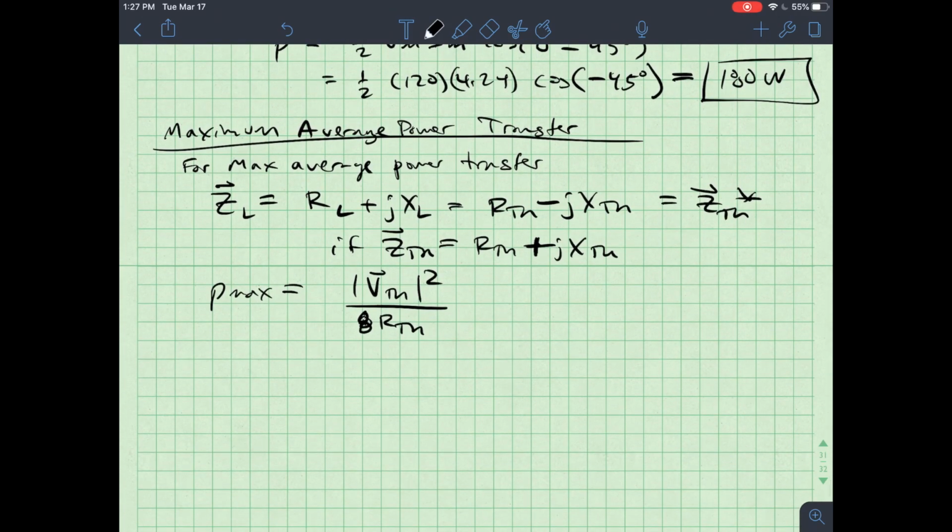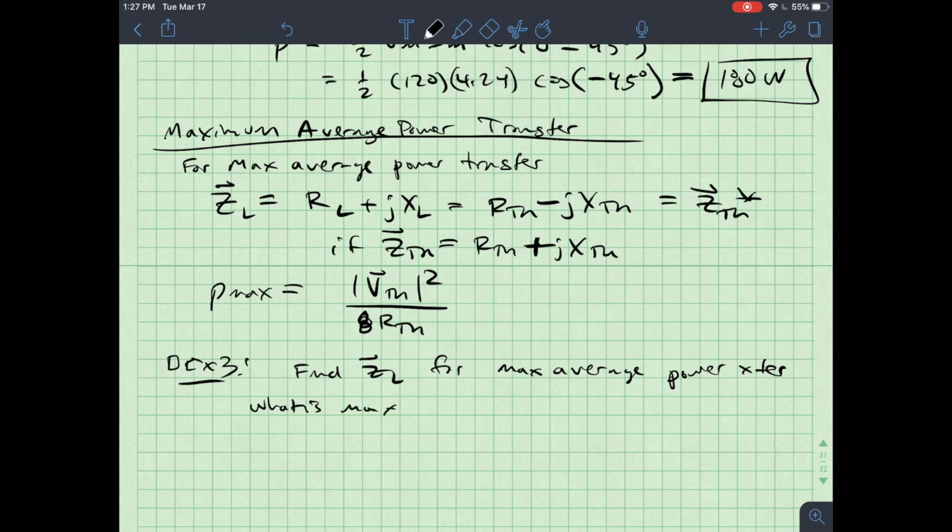So let's apply that to example number 3. In example number 3, I want to find ZL for max average power transfer, and then find what is the max average power.